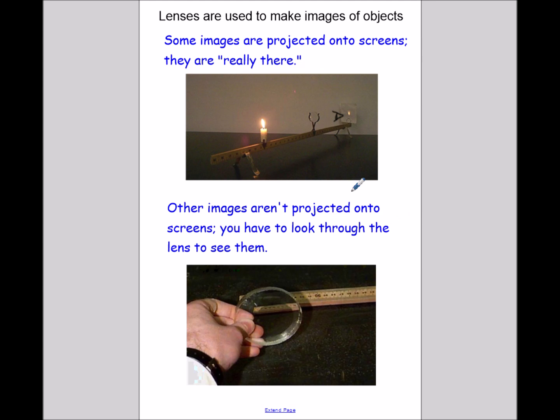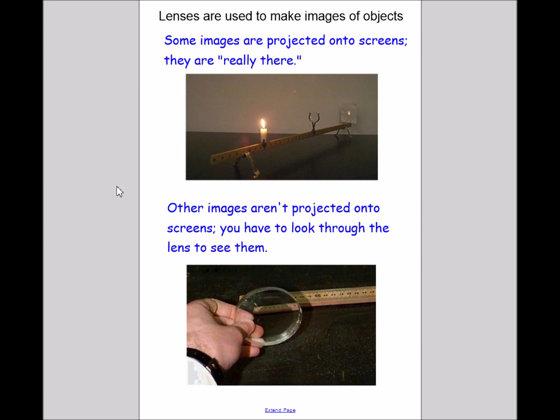Okay, so look, this slide right here has some photos that I pulled off the internet that do a better job of showing how a converging lens can make something called a real image, and how a diverging lens can make something called a virtual image.